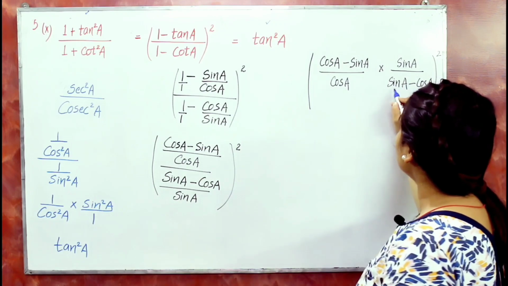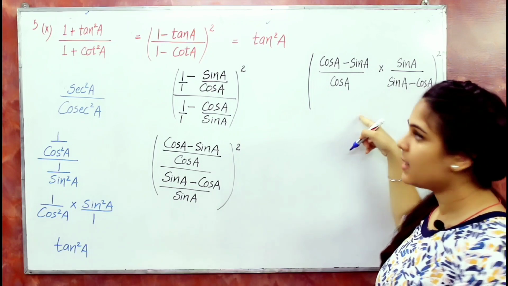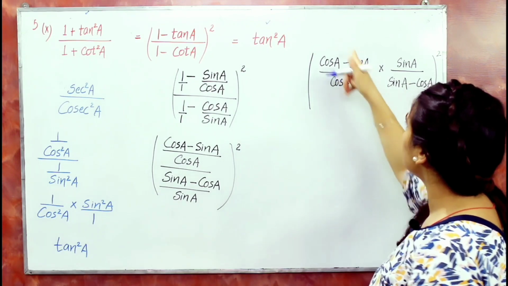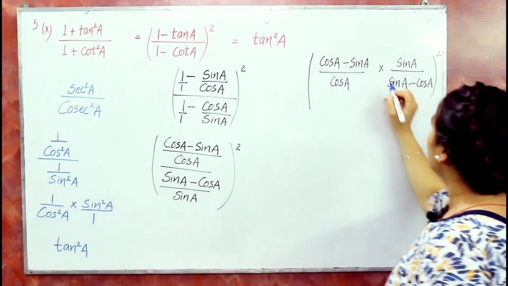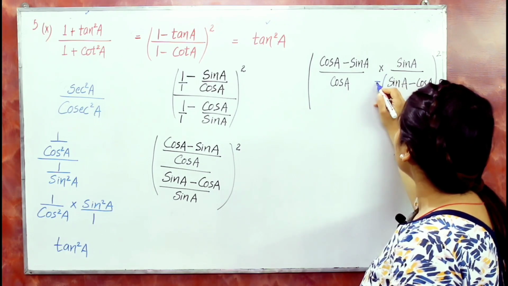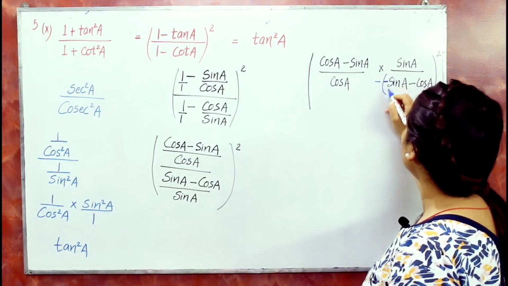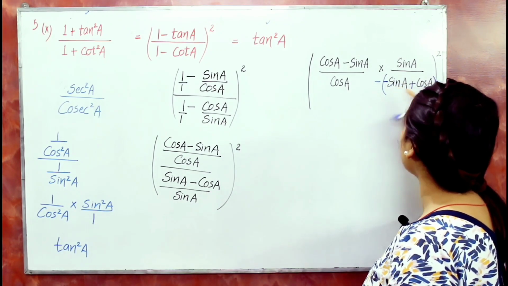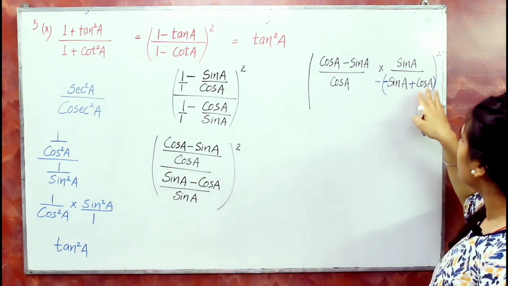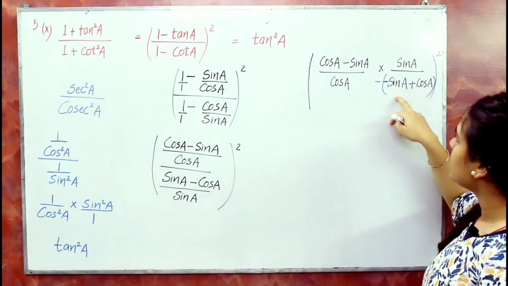Student, from there you can take minus sign common, and reason to take minus sign is so that we can cancel out them. So I'll take minus sign here, and by taking minus sign you have to change the sign of this bracket. So this is cos A minus sin A.